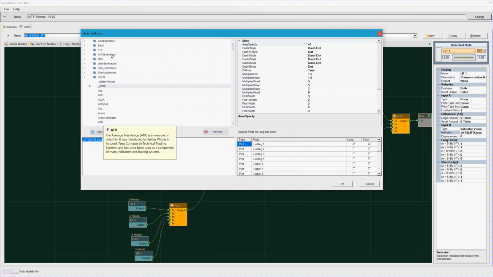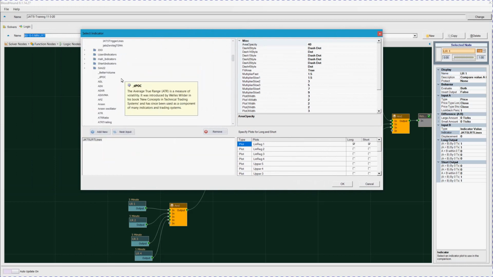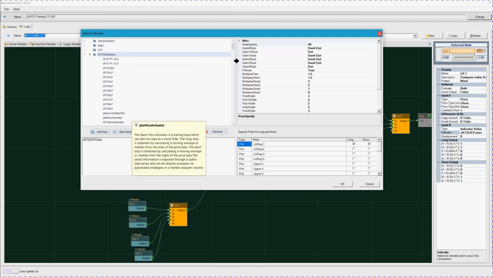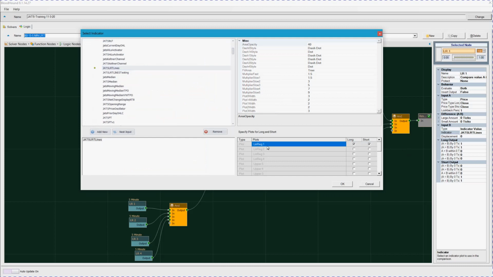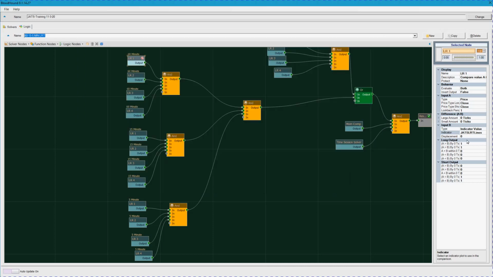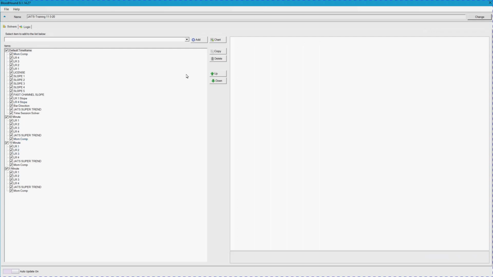JATS LRT lines, that's in your JATS folder. Just choose the indicator, and the top box is the LR1. Click OK, and you can put these on require time frames. So on your solver, you can require 60-minute, 15-minute, and 5-minute time frames.